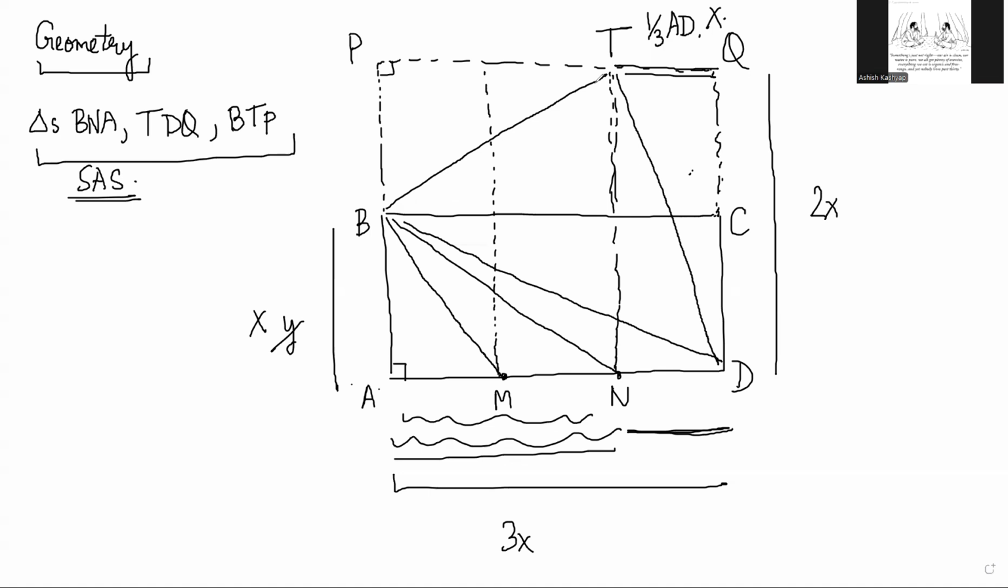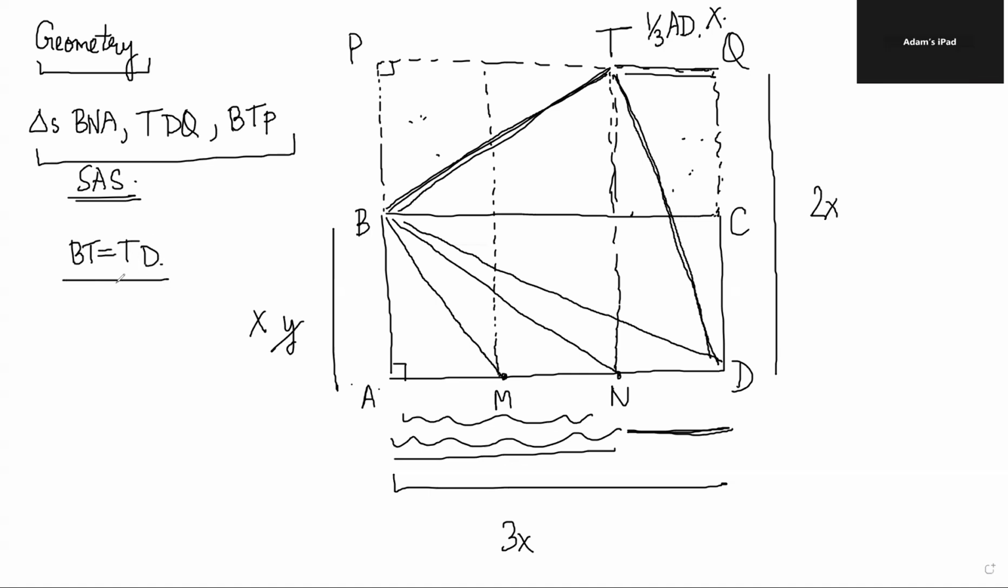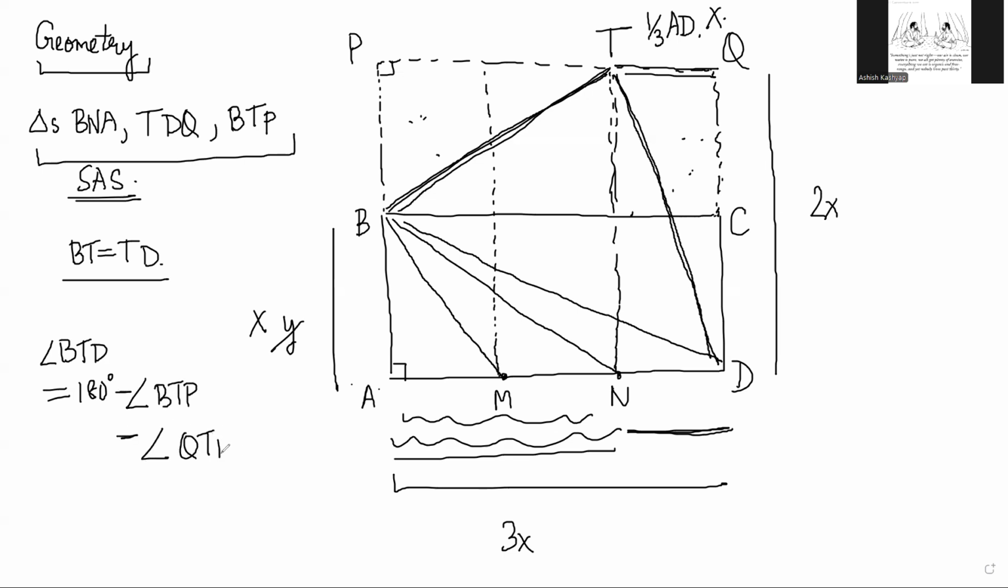For example, BT here will be equal to TD, because it's the hypotenuse of this triangle and this is the hypotenuse of this triangle. So angle BTD is equal to 180 minus angle BTP minus angle QTD.